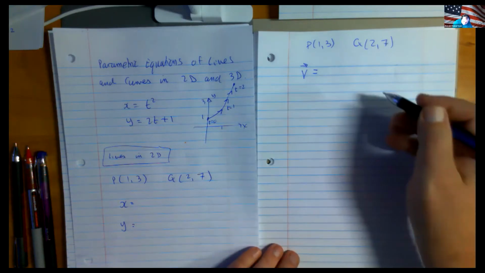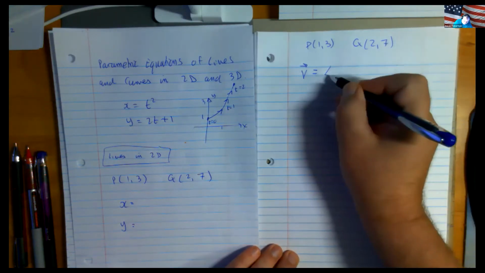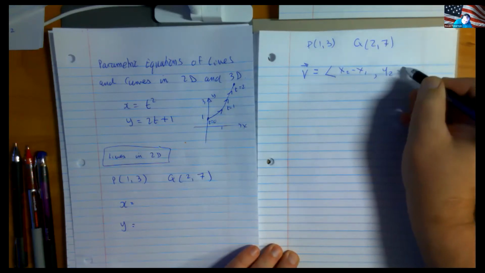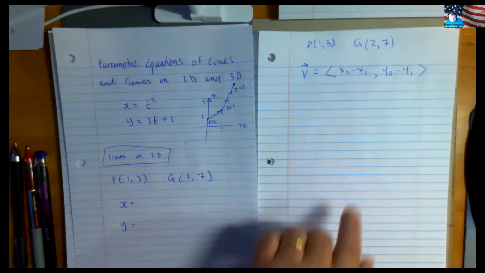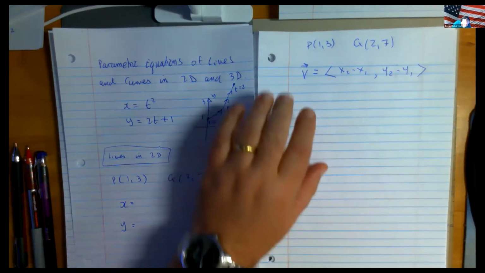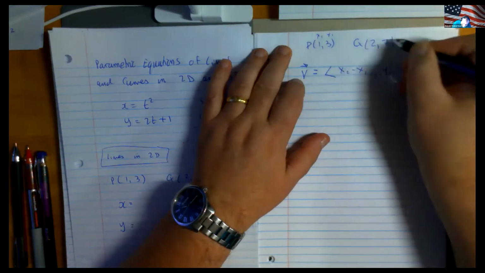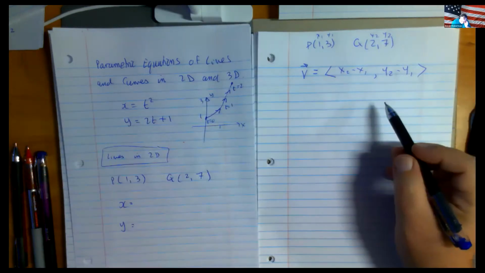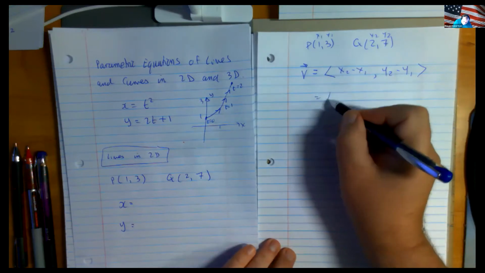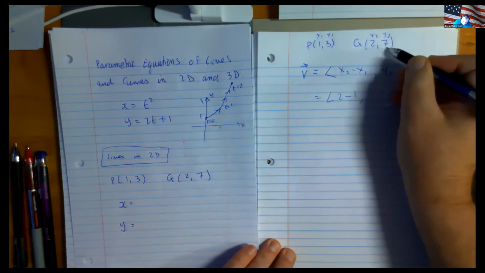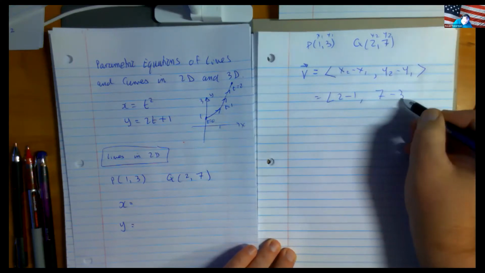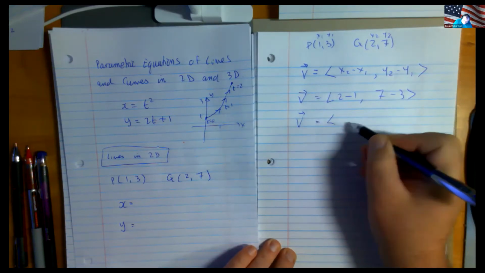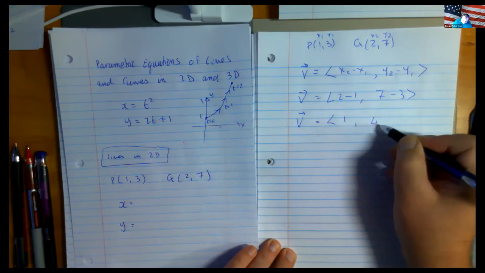Now, to get the direction vector, you basically find the rise and the run. So if that's x1, y1, and this is x2, y2, the difference in the x's is 2 take away 1. The difference in the y's is 7 take away 3. And the direction vector is (1, 4).